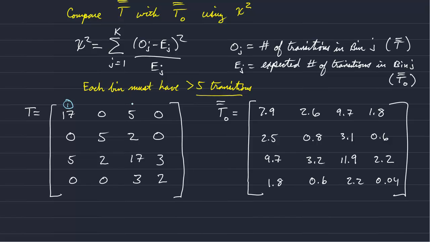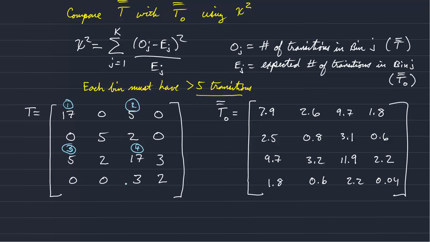The transition from A to C also has 5, so that'll be bin 2. The transition from C to A has 5 occurrences, so I'll make that bin 3. And the transition from C to C has 17 transitions, so that'll be bin 4.